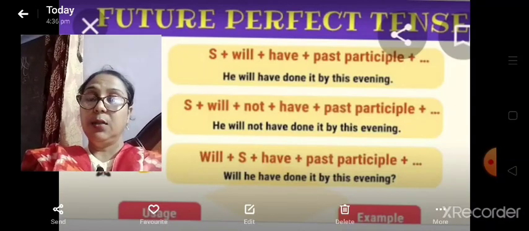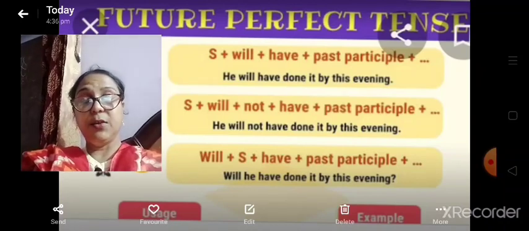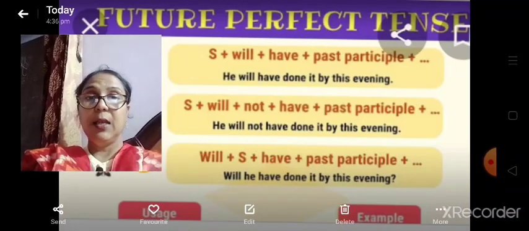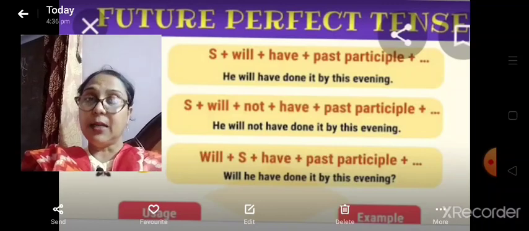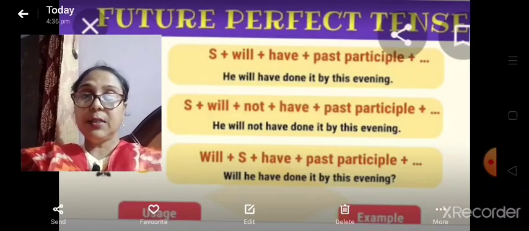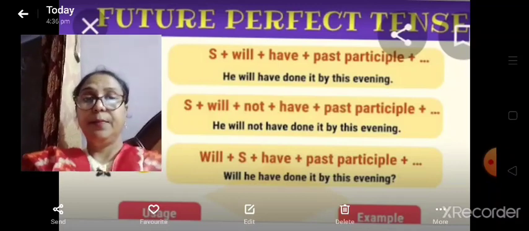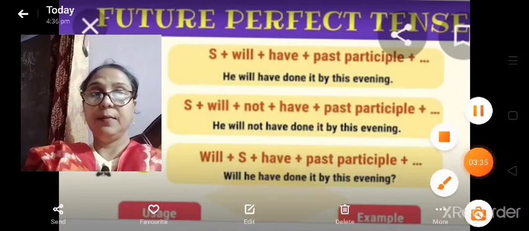Always keep the formation in your mind and practice. We will discuss more about this future perfect tense.